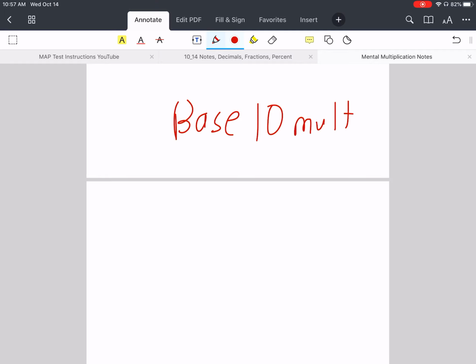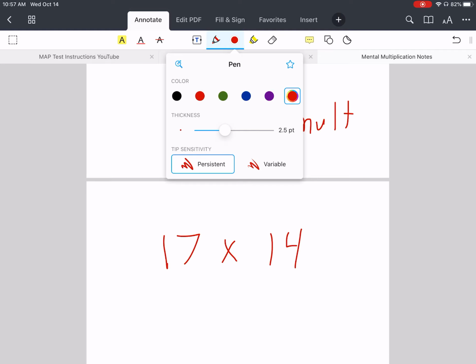This is going to be for problems like, let's say, 17 times 14. So this problem would not be difficult using the algorithm, but some of you might like to be able to solve these in your head.